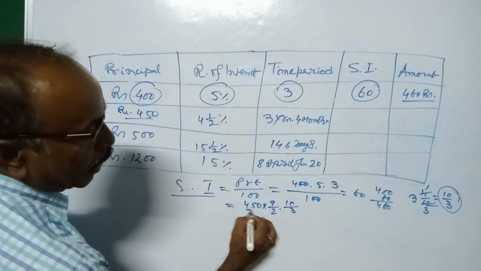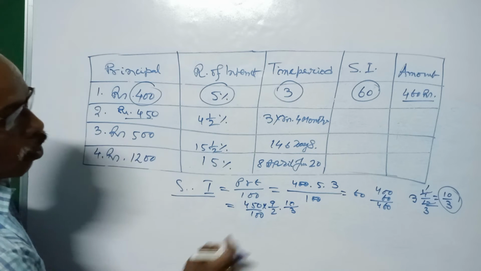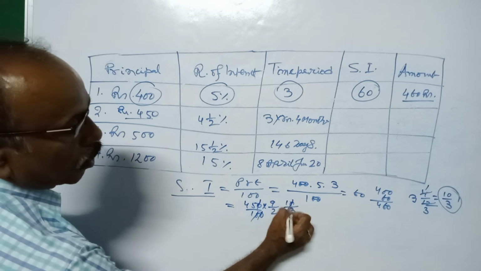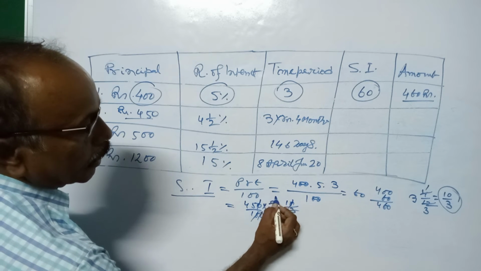450 into 9/2 into 10/3 divided by 100 is the simple interest. The zeros cancel, 3 3s are 9.